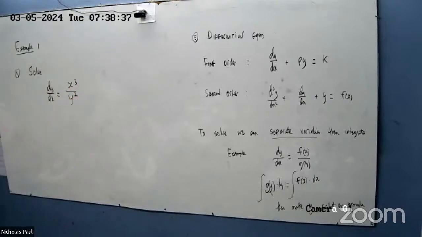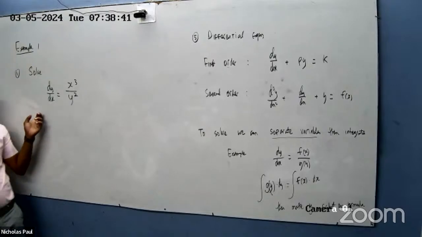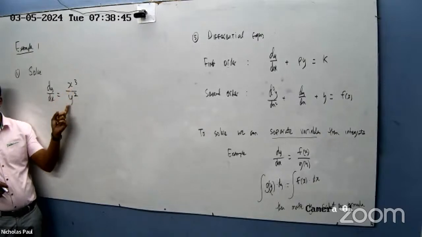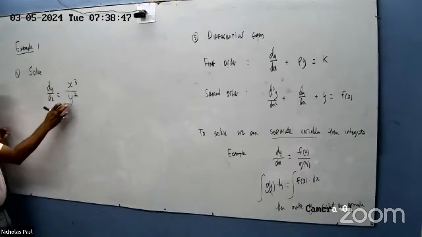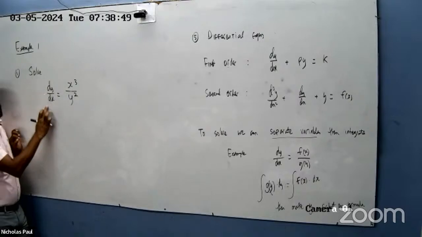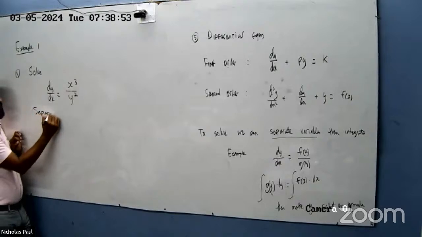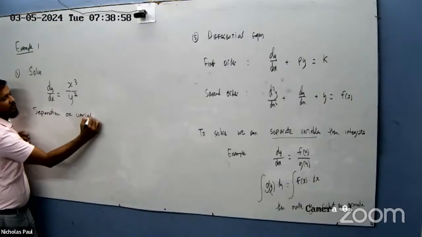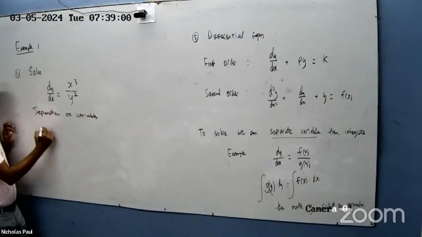Right. How are we doing something like this? So you'll see a function with x and a function with y. So you're bringing the y on this side and you're bringing the x on this side. So you write separation of variables. Bring the y on this side.